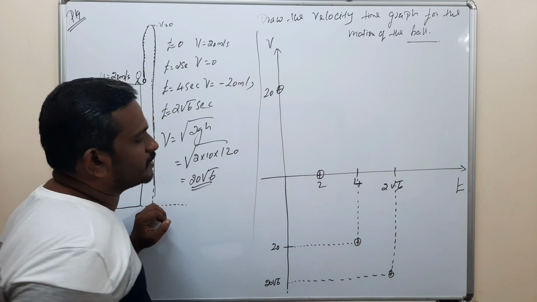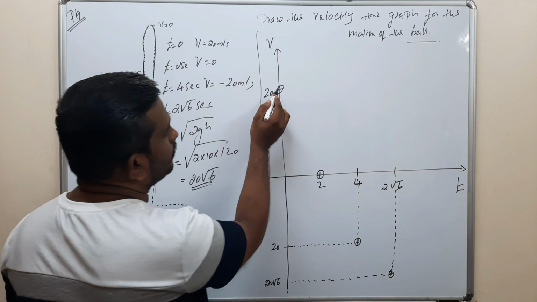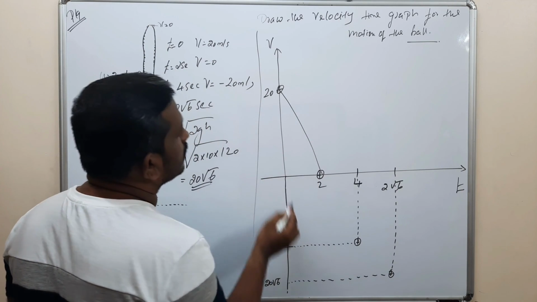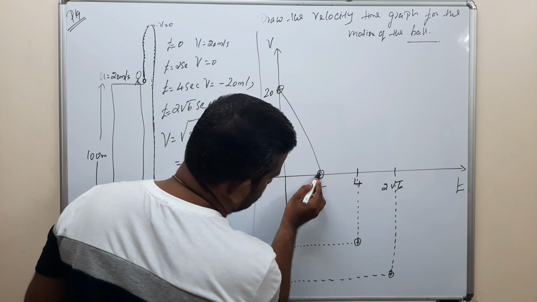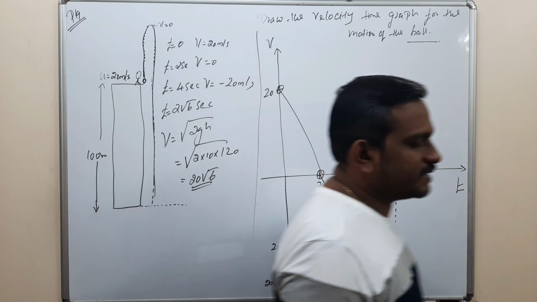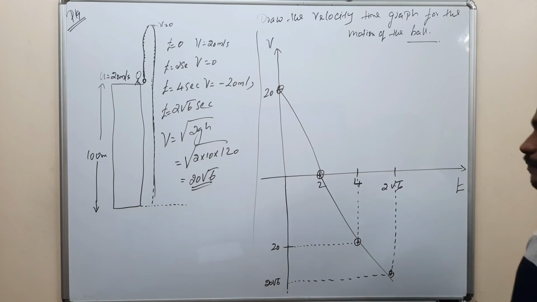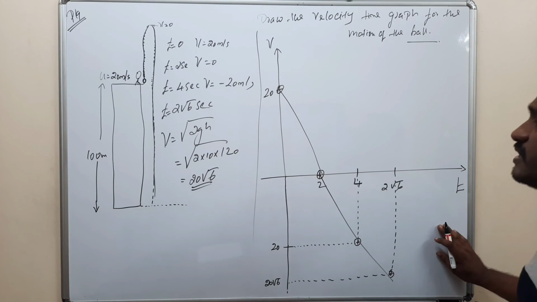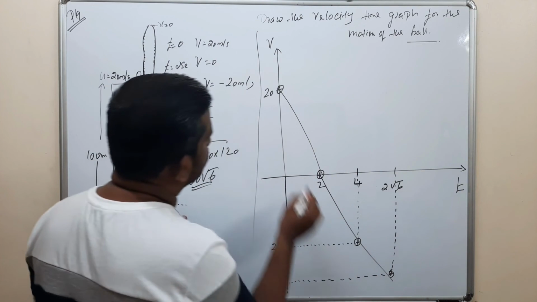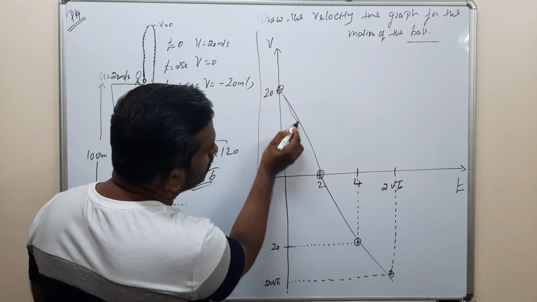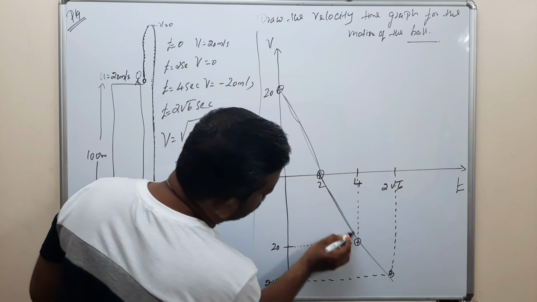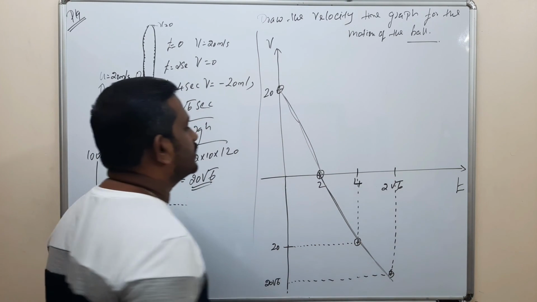When time t is equal to 0, velocity is 20. A slight bend is there in the graph. So this is the velocity time graph.